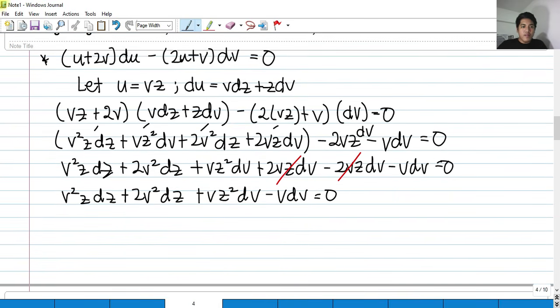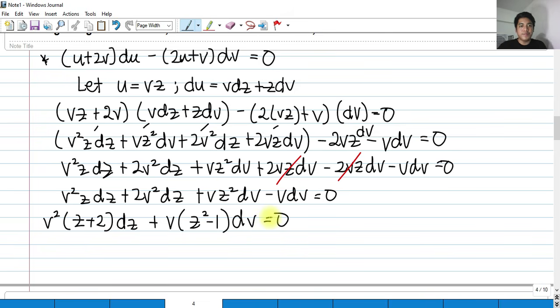So I can factor out v squared, and factor also the dz here. So we have z plus 2 times dz plus, and in dv, I can factor out both dv and the variable v, such that I have z squared minus 1 dv is equal to 0.